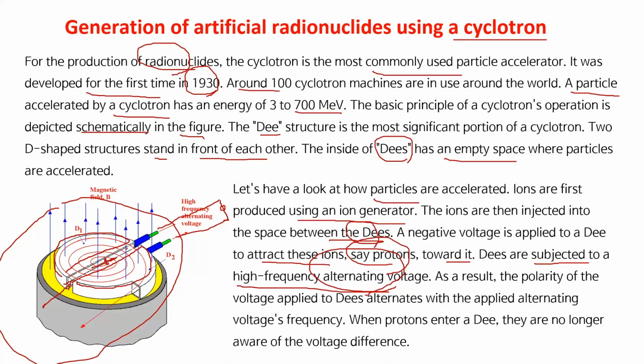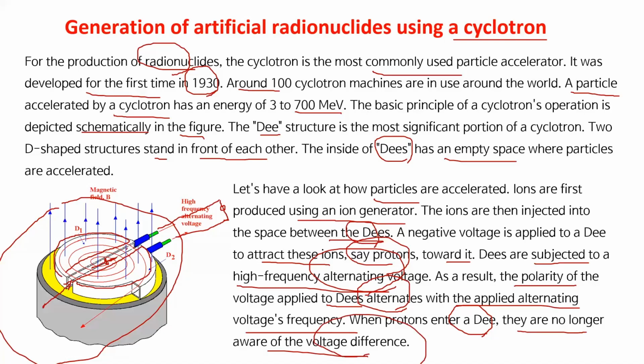As a result, the polarity of the voltage applied to the Ds alternates with the applied alternating voltage frequency. When protons enter a D, they are no longer aware of the voltage difference.